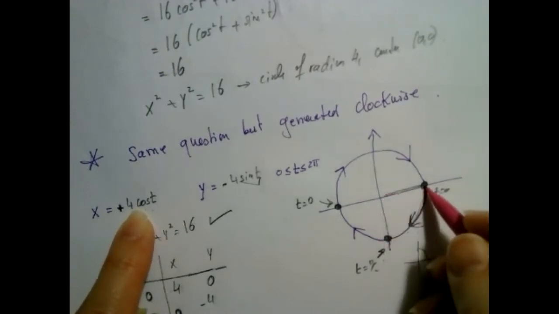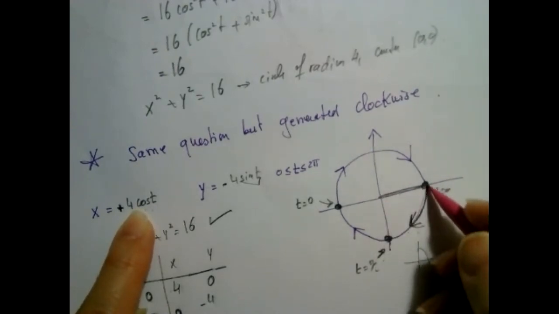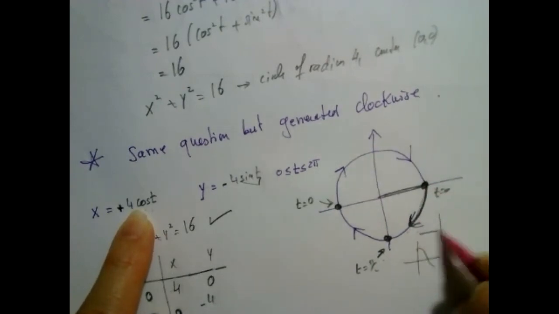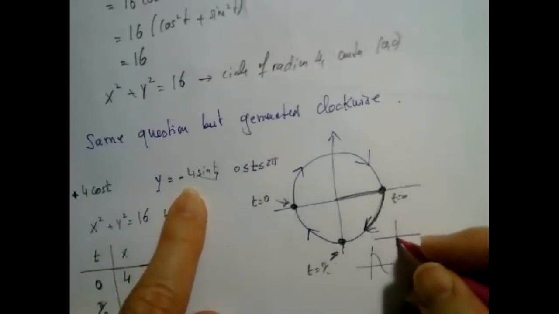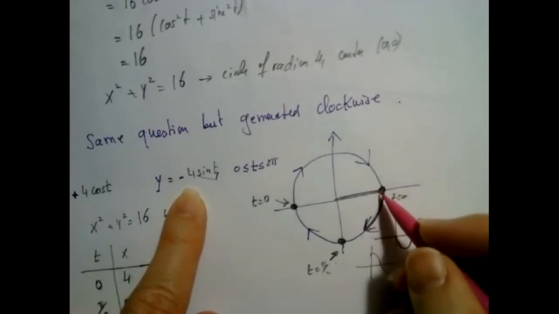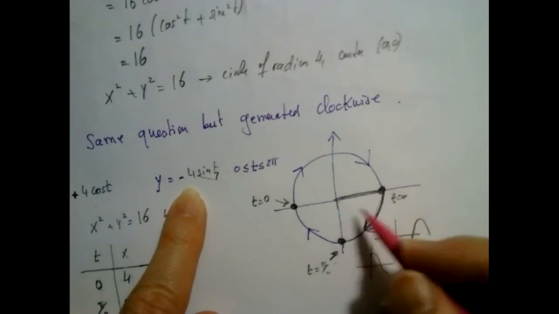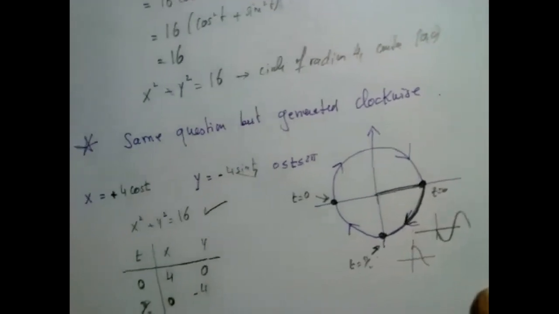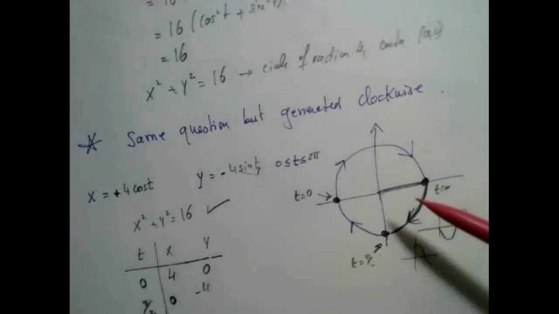The cosine is positive means the x is positive and it's decreasing, which is what we expect. And the sine, since it's a minus 4 sine, means the y component is negative, and it's getting more and more negative heading that way.